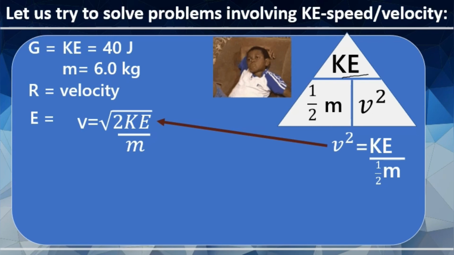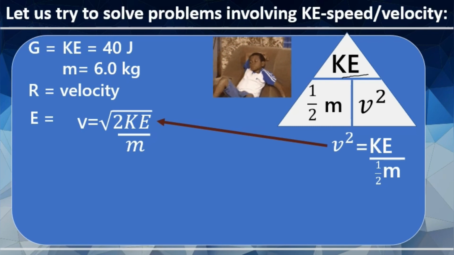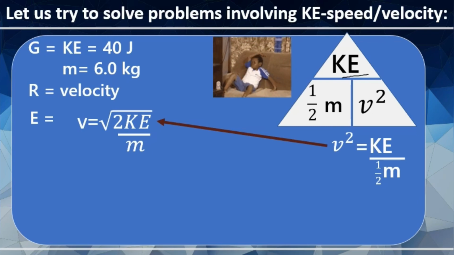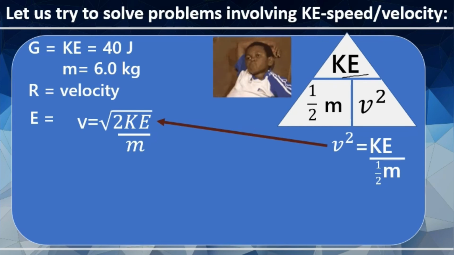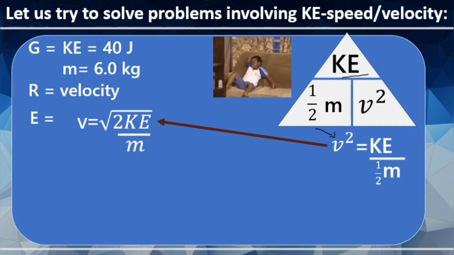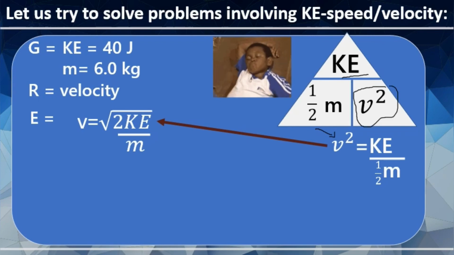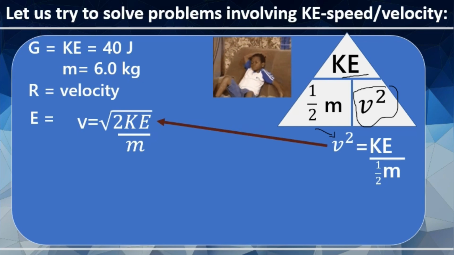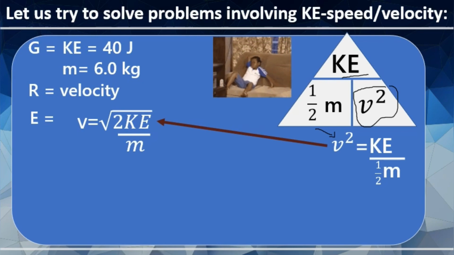So as you can see, this is the same as a while ago. Now we have the derived formula. Okay, so since we are finding for v, so here it is. v squared equals KE over 1 half m.